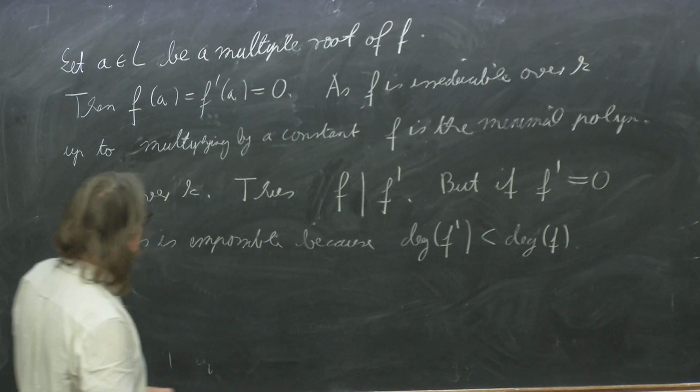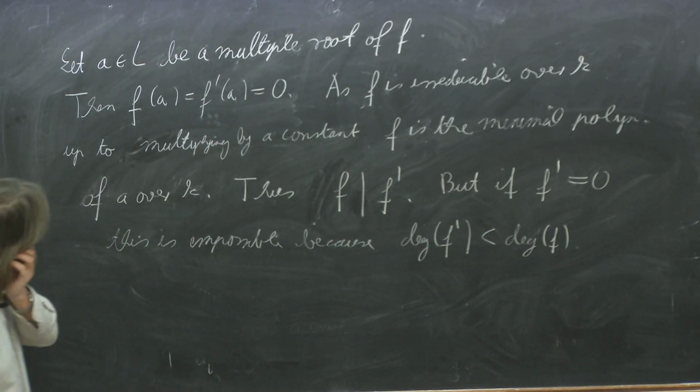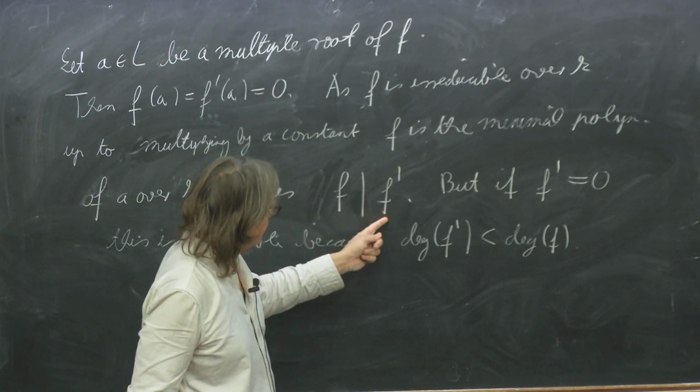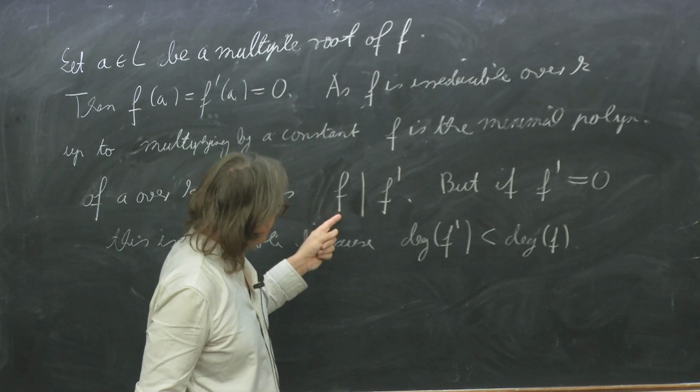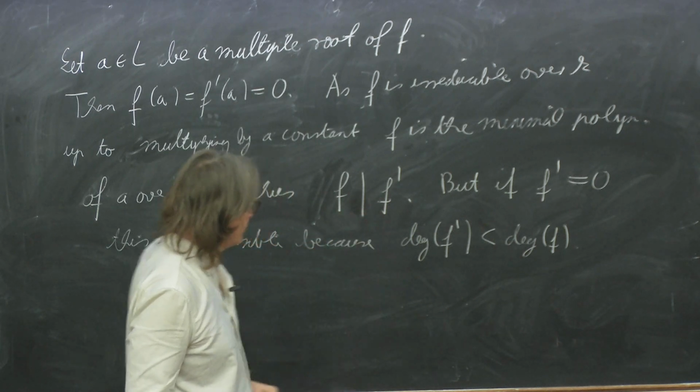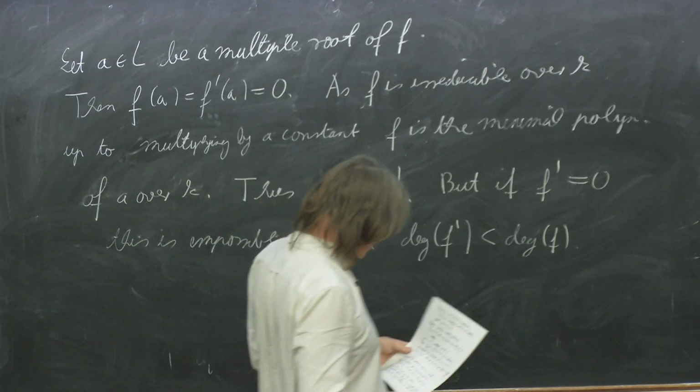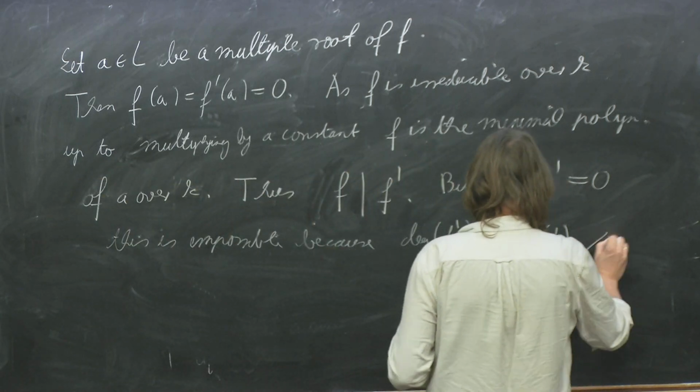It can obviously not be that a polynomial of bigger degree divides a polynomial of smaller degree, but obviously every polynomial by definition divides the 0 polynomial. So that's okay. And that's the proof.